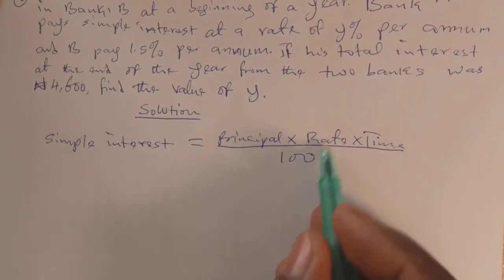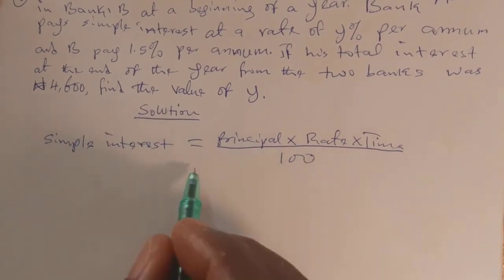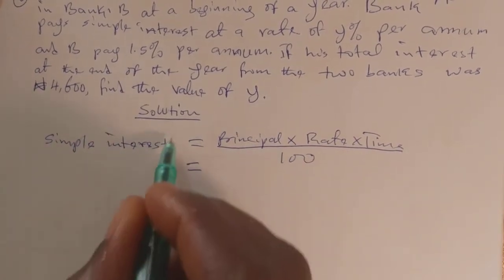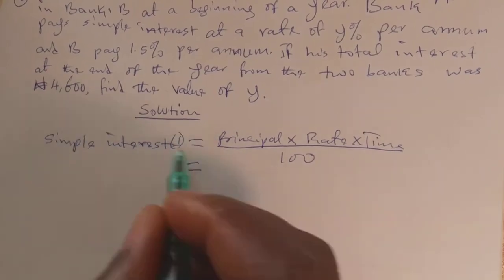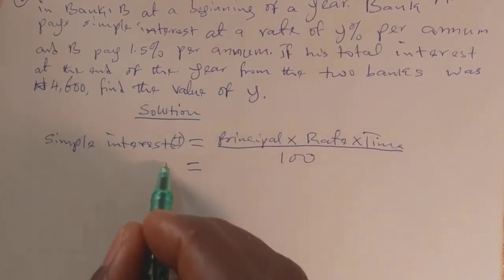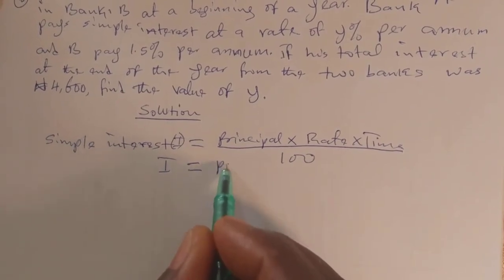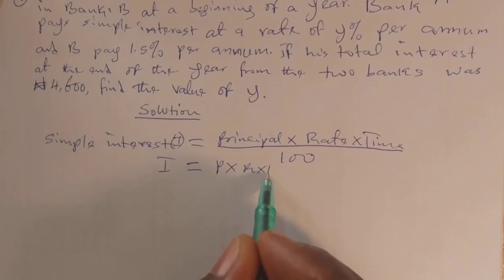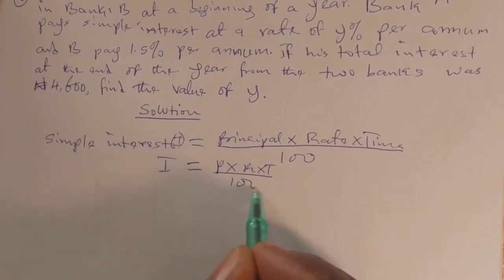Because we are dividing by 100, we don't put the percentage sign. You can summarize this as I for interest, P for principal, so interest is equal to P times R times T divided by 100.